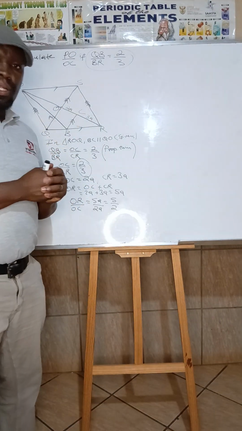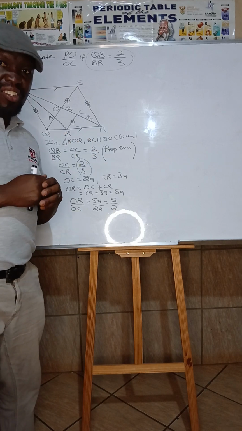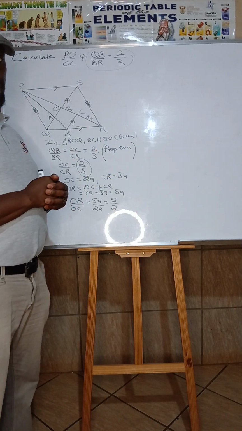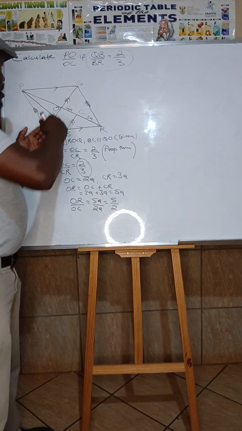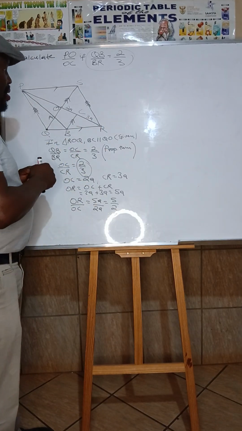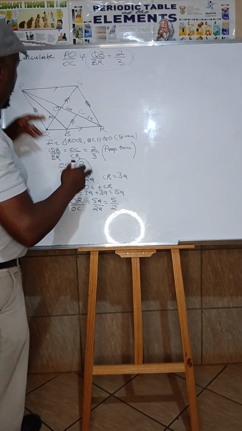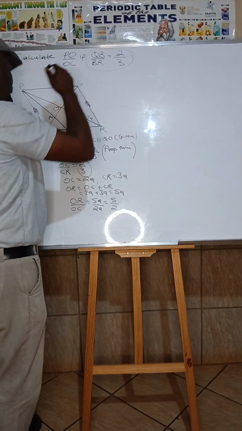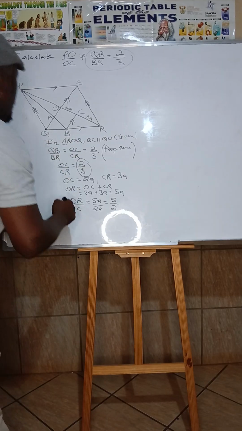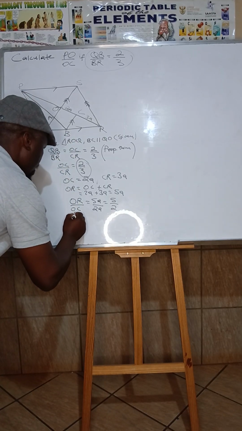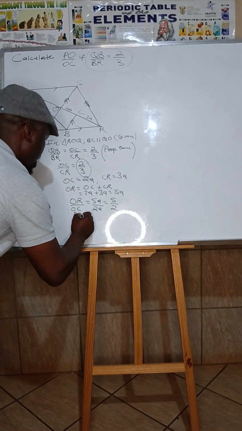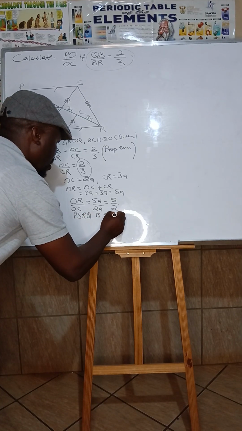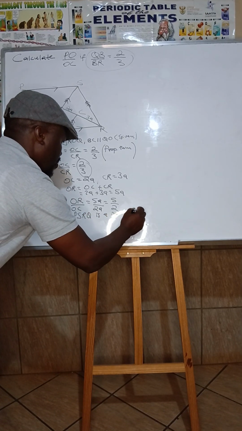A parallelogram has two pairs of opposite sides that are parallel and equal. On the other hand, the diagonals of a parallelogram bisect each other, meaning that PR bisects QS. So we'll just say PSRQ is a parallelogram, that is given.